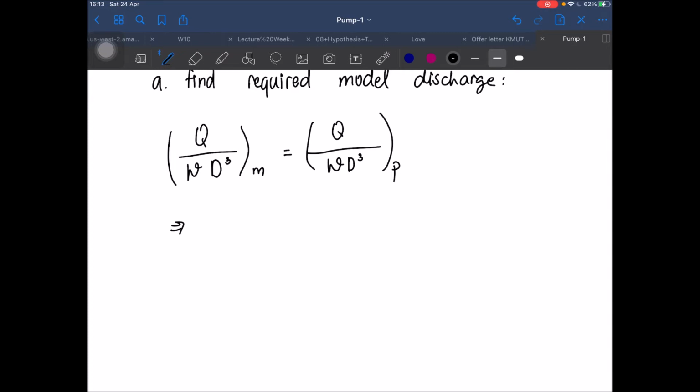Okay, so we have the Qm here, Q model, and pump, model and pump. So Qp here, how do we do this? We only want this part, so everything here must move to this.